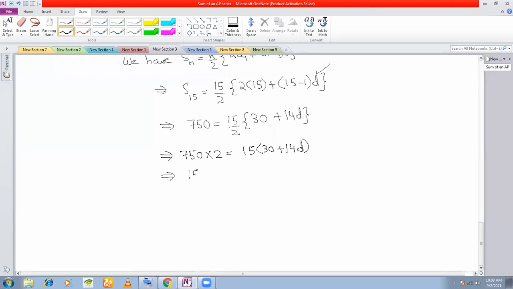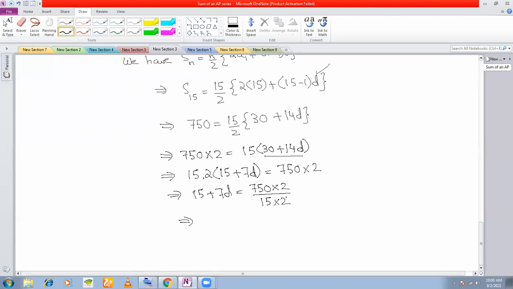That means you get 15 into, from here you can take out the factor 2, you get 15 plus 7D is equal to 750 into 2. That means 15 plus 7D is equal to 750 into 2 divided by 15 into 2.